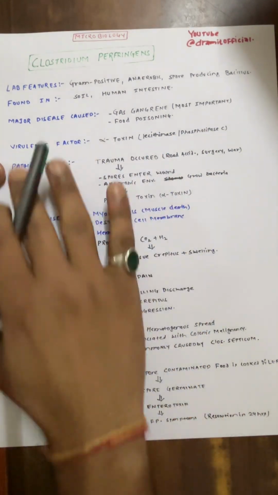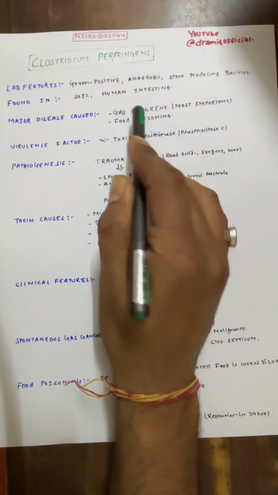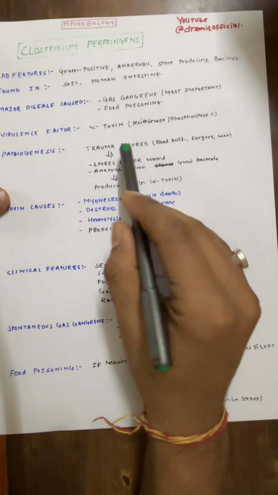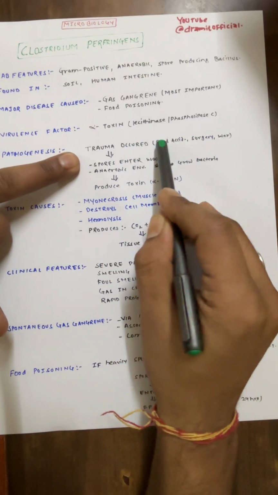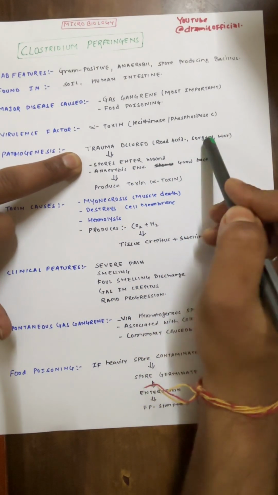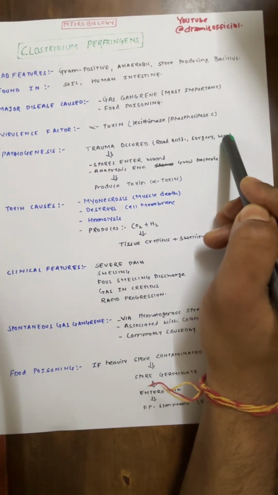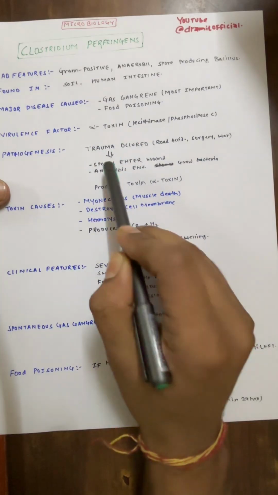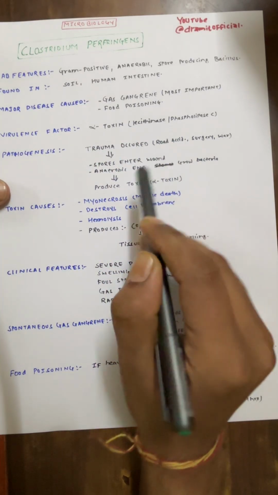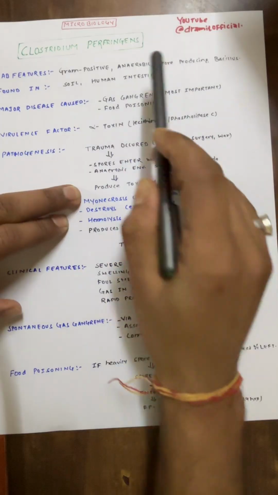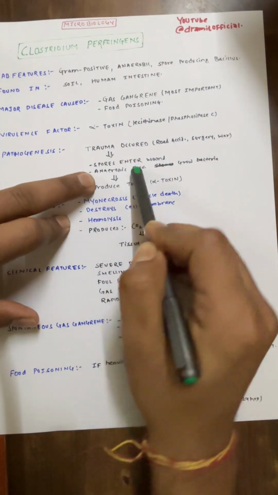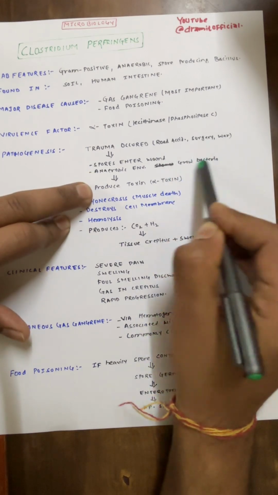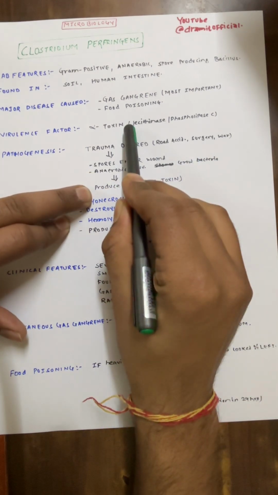Now let's talk about the pathogenesis, how this toxin causes gas gangrene. Suppose trauma occurred anywhere, in a road traffic accident, during surgery or in a war. From that trauma area, spores enter the wound, and we all know it's an anaerobic bacteria. So in that anaerobic environment, the bacteria starts growing and produces a toxin called alpha toxin.